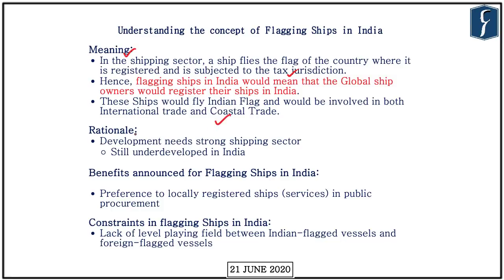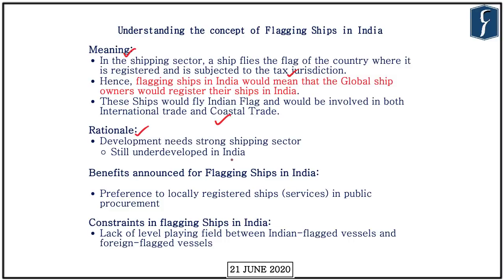Now, to understand the rationale behind such a step taken by our government, one reason we have already discussed: that a minuscule number of Indian registered ships operate right now. But apart from that, there is also a major reason. If you see countries across the world such as China and Japan, they have developed a strong national shipping fleet.